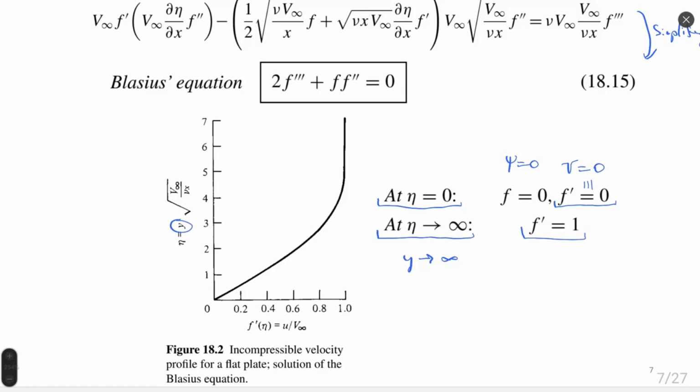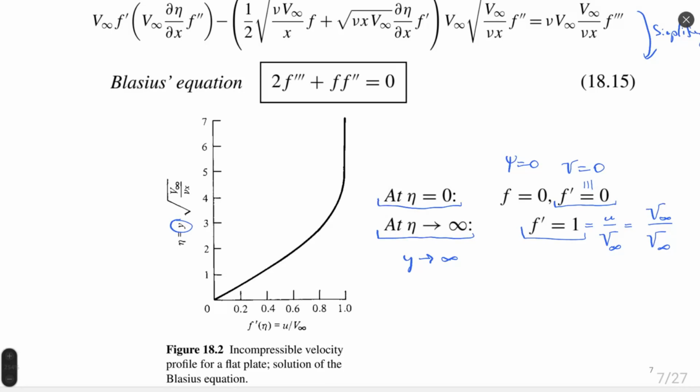This f prime is velocity divided by infinite velocity. So it means that at the edge of the boundary layer, our infinite velocity is equal to the velocity at the edge of the boundary layer.